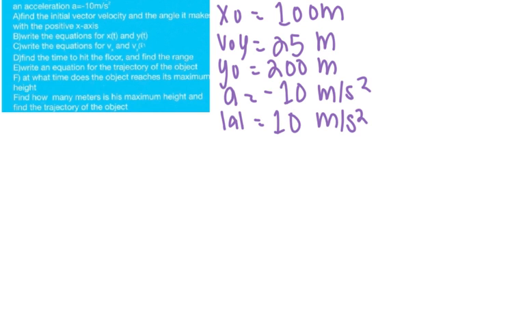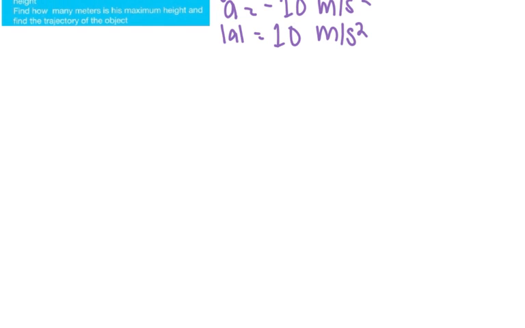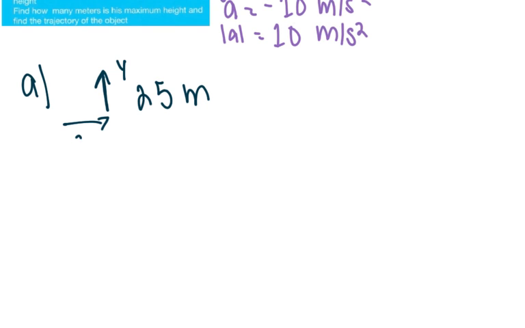So when we graph them, we get y is 25, the x is 25, and here's a resultant with the angle right here and the right angle over here.